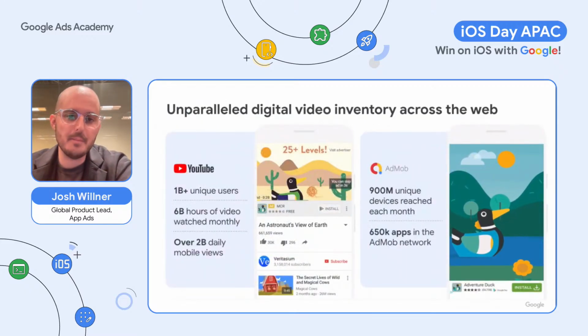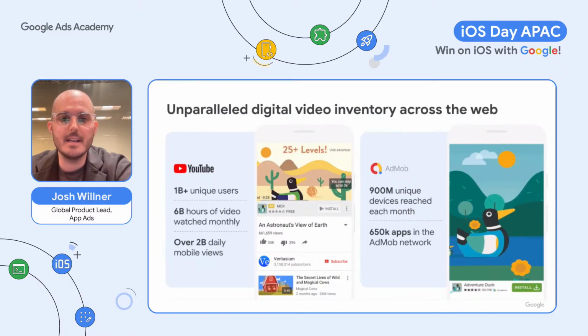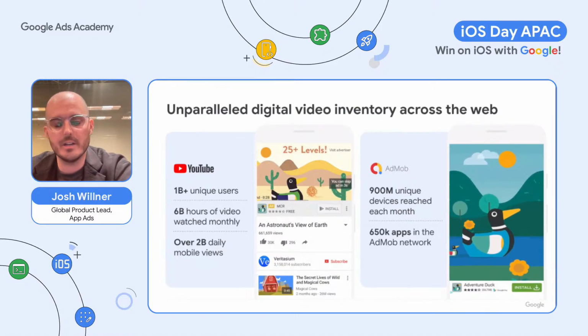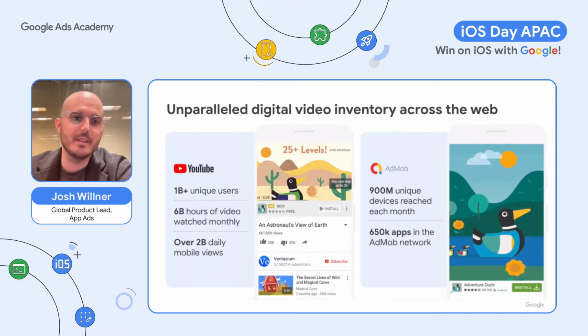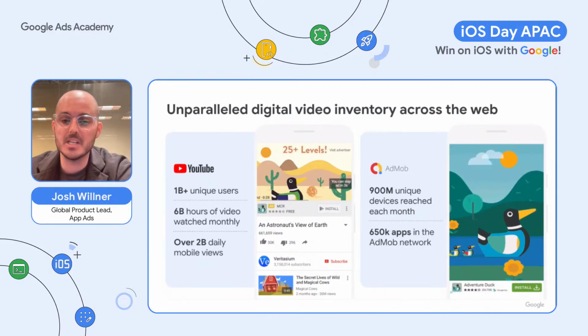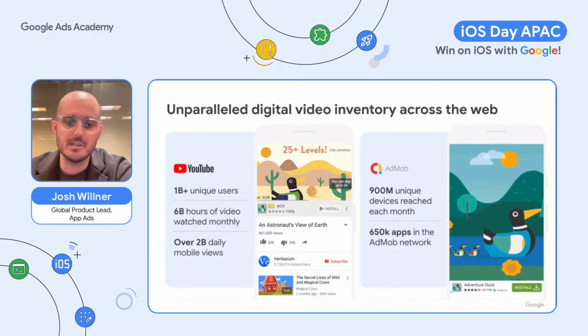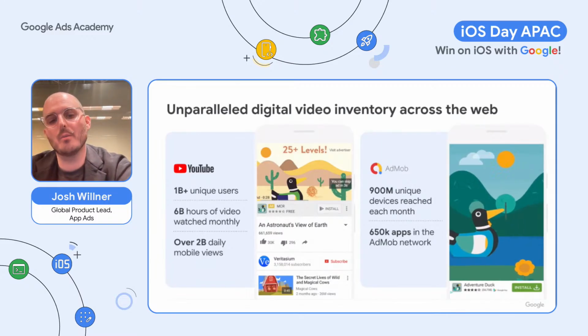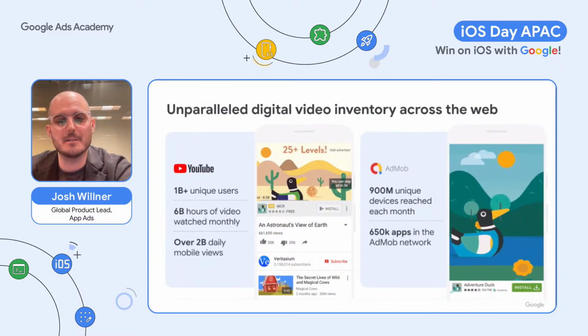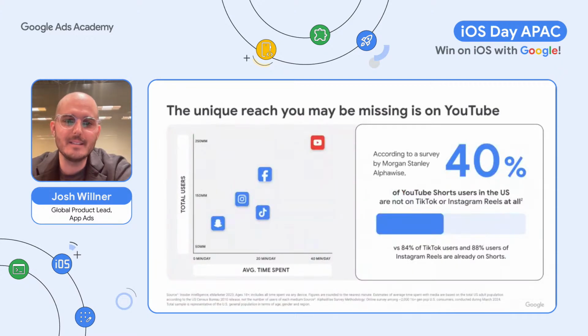One key piece that I want to circle in on is digital video inventory across the web. We have YouTube, as I mentioned, with an incredible user base, but we also have AdMob, which is many apps within third parties that you can partner with to reach iOS users. One of the key pieces that we've invested in more recently from a company perspective is YouTube Shorts.